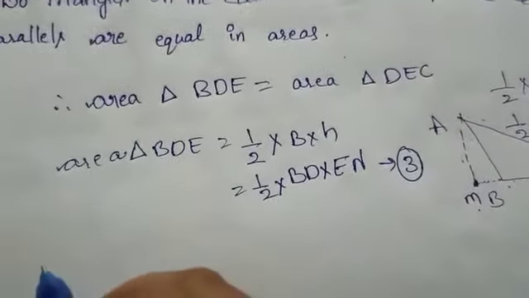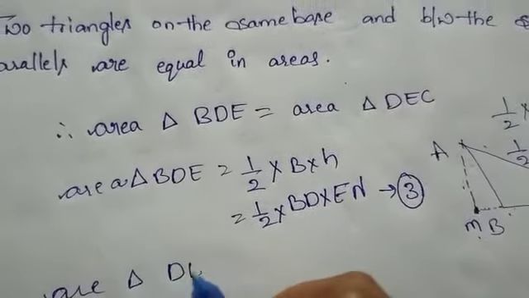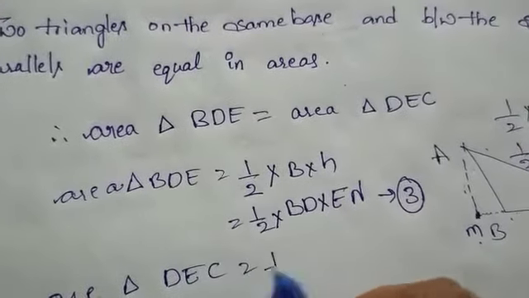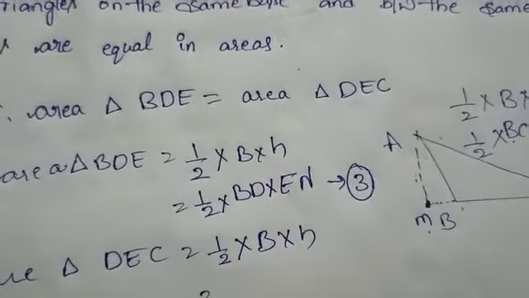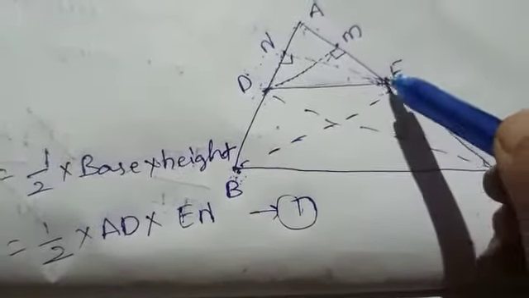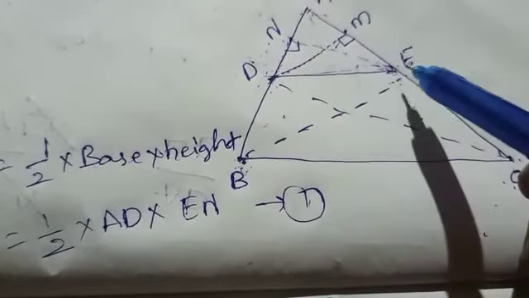In same way, area of triangle DEC, half into base into height. Here base is CE or EC.